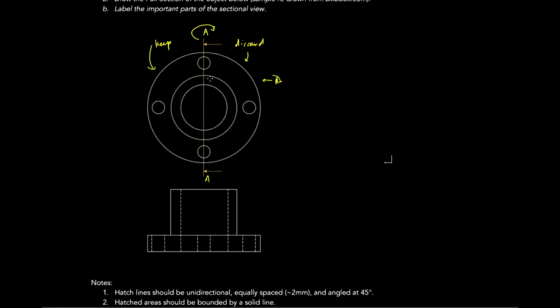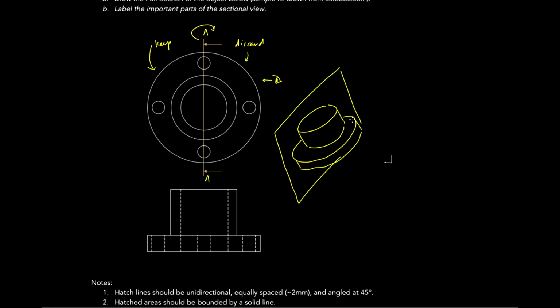If this is our object, you should readily imagine the object from the start, a rough image of it like this. Then we took our cutting plane, made it like that, and it cuts across here. When we discard this portion, we end up with something that looks like this.